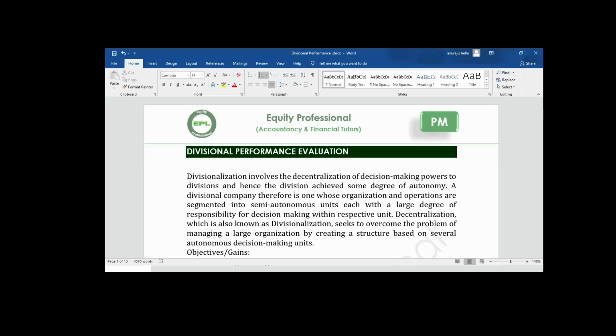Divisional performance evaluation. What is divisional structure? Or how do we define divisionalization? Divisionalization involves the decentralization of decision-making powers to divisions. The division achieves some level of independence and autonomy.